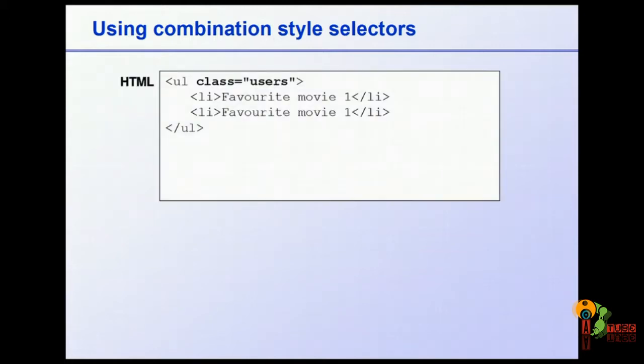We can also target our styles exactly by using selectors which combine the HTML element name and the class or ID name in one selector. In our project we're going to have unordered lists distinguished by class name, one for selecting users and one to navigate to the admin pages.